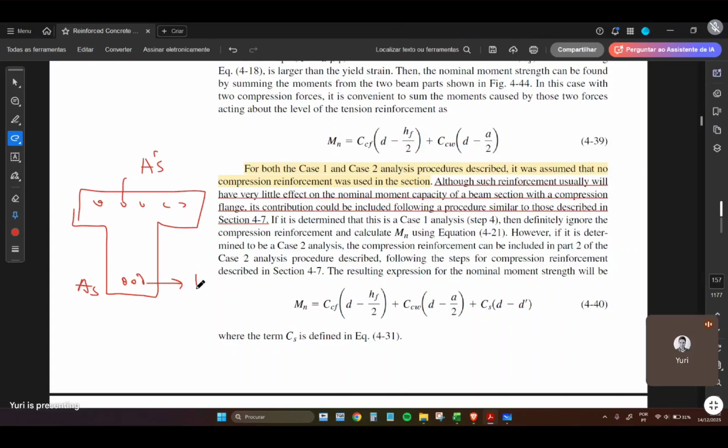You would have the T force. If this is a T section, you would have both the force from the flange and the force from the web. And also you would have a force called here CS, the compressive force of the steel. You would have to consider also this part.